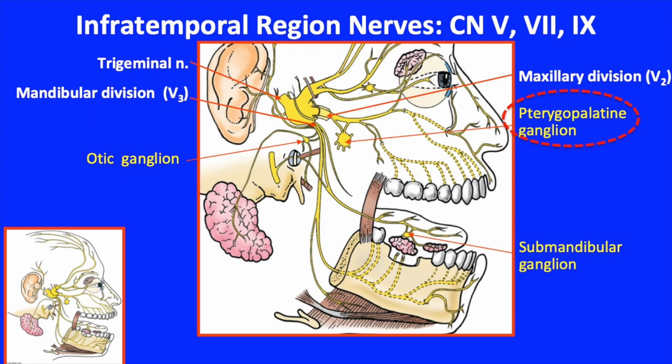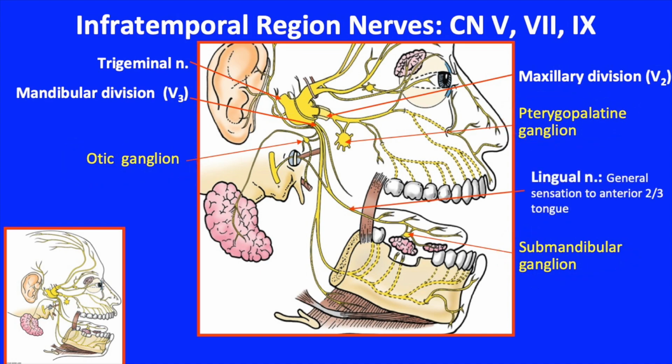The pterygopalatine ganglion receives general sensory from V2, whereas the submandibular ganglion and the otic ganglion are served by V3. We'll go into more details of how the autonomic nerves reach the ganglia in a second, but for now, let's finish identifying the nerves we see in the infratemporal fossa and what the nerves do.